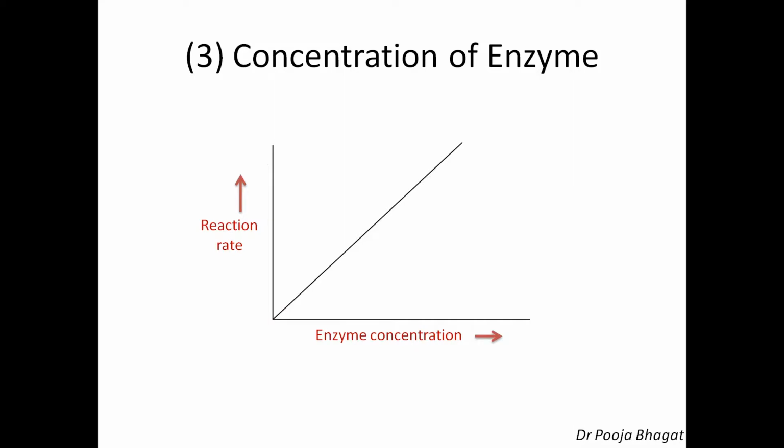But we all know that enzymes are biocatalysts, that is, they are not consumed in the reactions which they catalyze, and therefore the cell usually keeps the number of enzymes low compared to the number of substrate molecules. The reason is that for synthesizing and maintaining the enzyme molecules, the cell has to pay an energy cost.